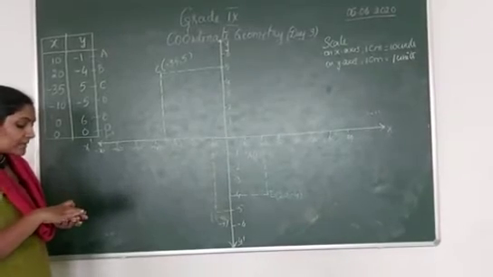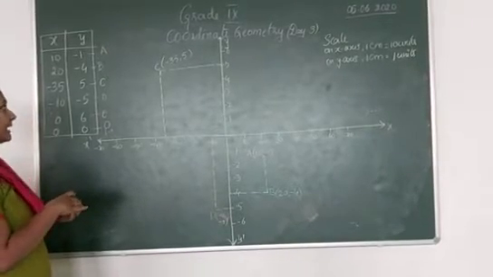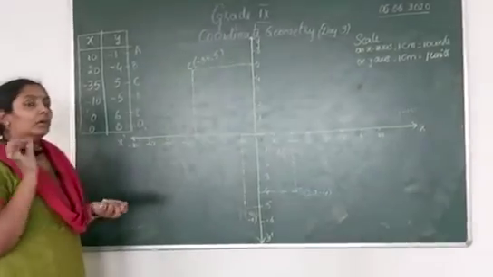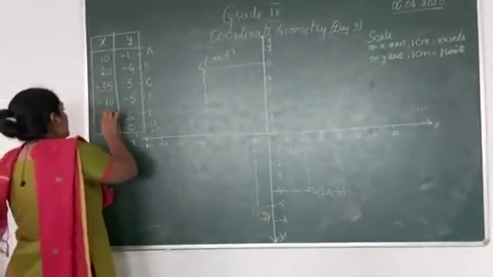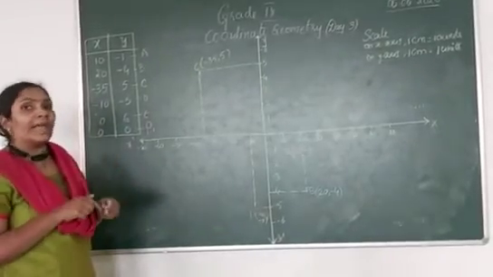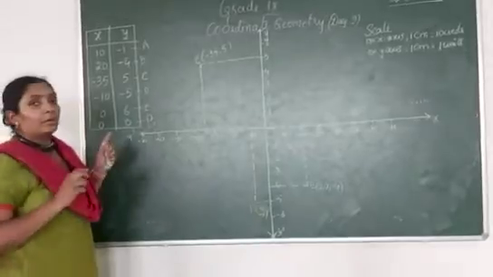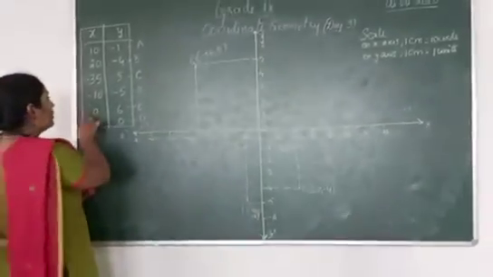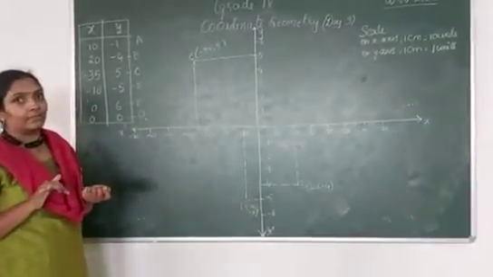Now in the previous problem, if you try to recollect, we discussed that the coordinates of any point on the axis will be of the form 0, y or x, 0 when that particular point is on the axis, right?